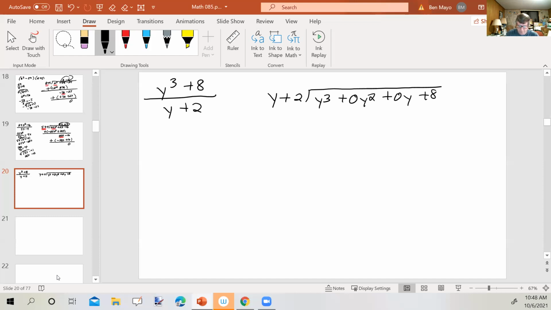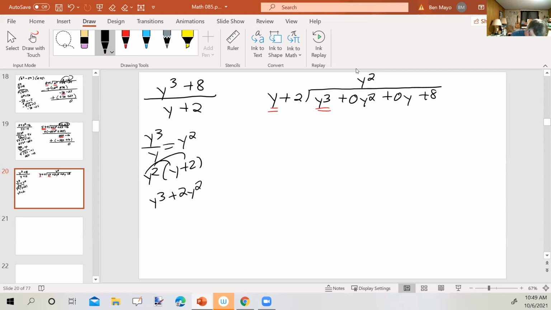All right. So now leading term inside divided by leading term outside. Y cubed divided by y is y squared. So that goes up here. Then we're going to take the y squared times the divisor, y plus 2. And we get y cubed plus 2y squared, which goes up here.